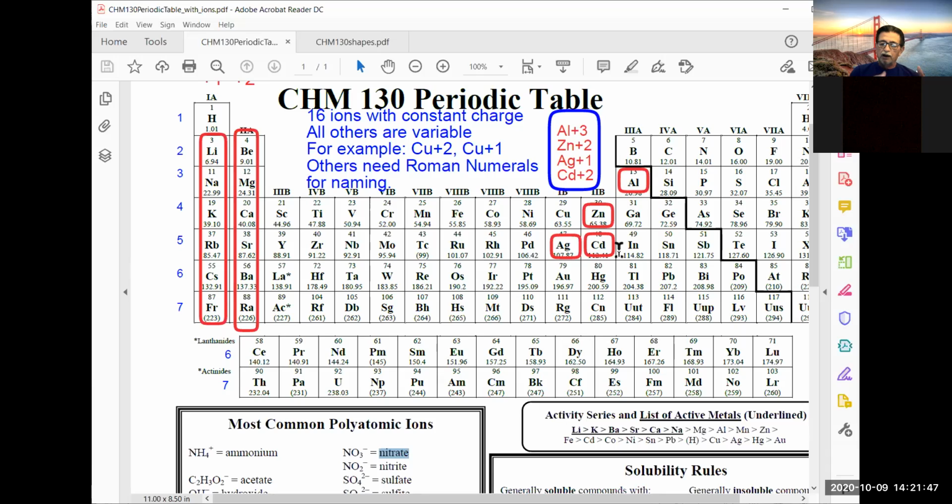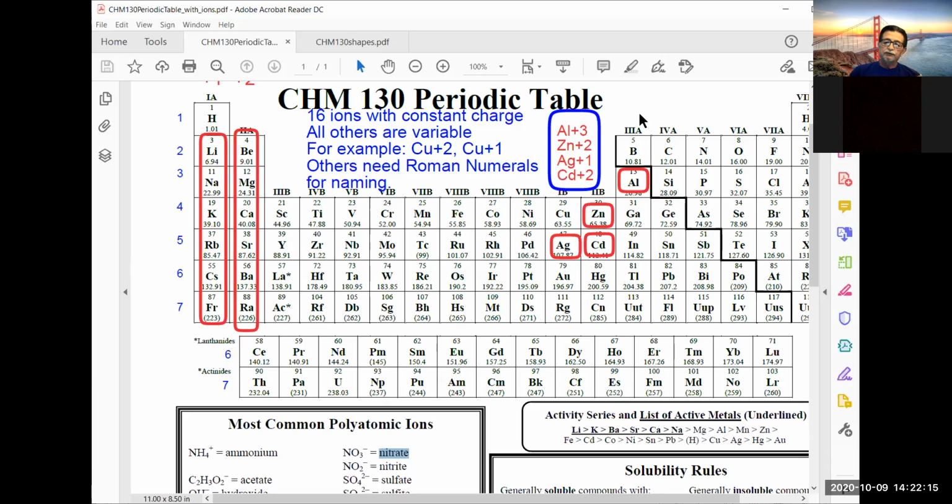For example, copper, Cu, in the example I gave up here, has two types of ions. It could have a +2 or a +1 charge. And to distinguish between the two, we use Roman numerals, much like the Roman numerals on top of the periodic table, but in this case, the Roman numerals are related to the metal.